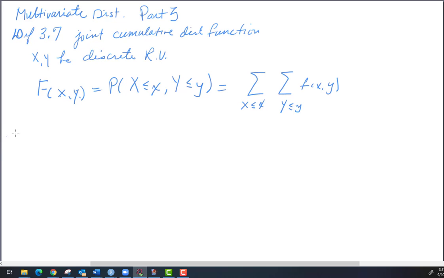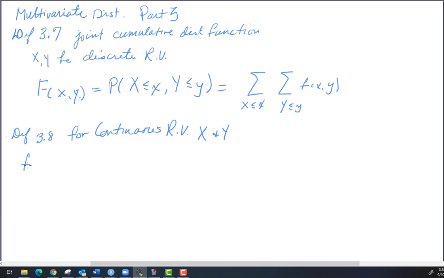Now definition, we'll play with that at some point. I'll work some problems for you. But definition 3.8 gets us into continuous random variables x and y.